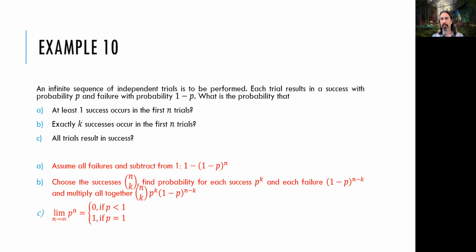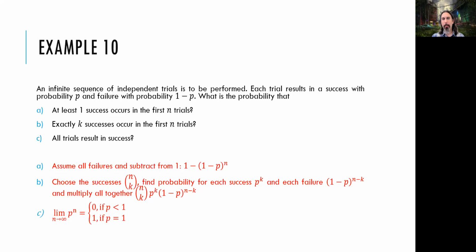That's p to the nth power when n goes to infinity. We already know that if the value of p is greater than 0 and less than 1, this value is going to be 0.